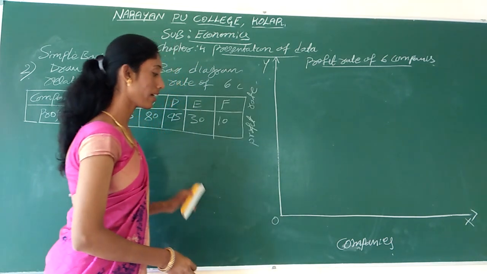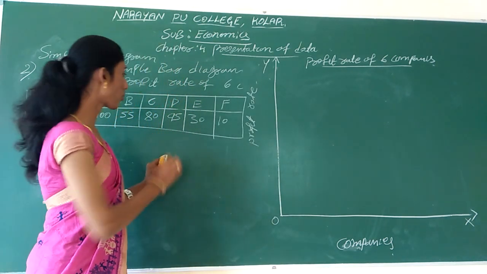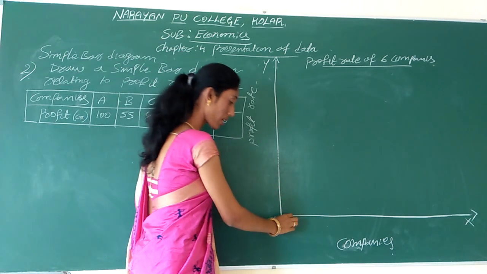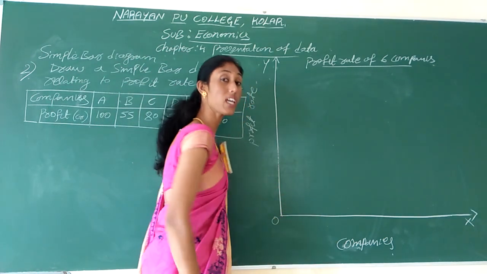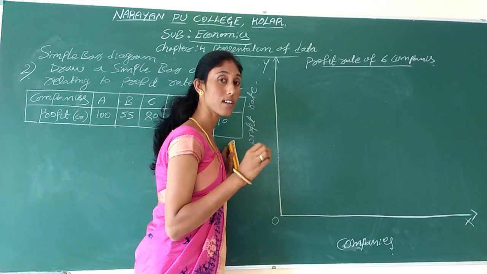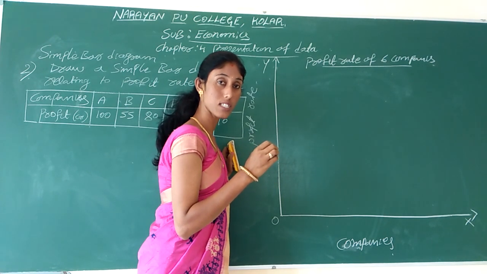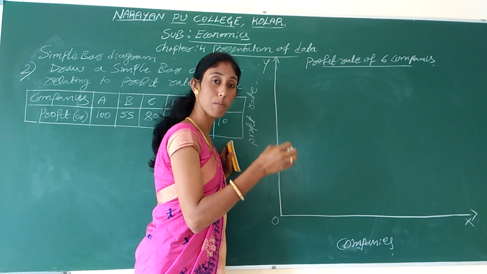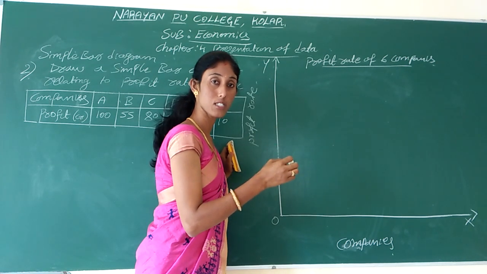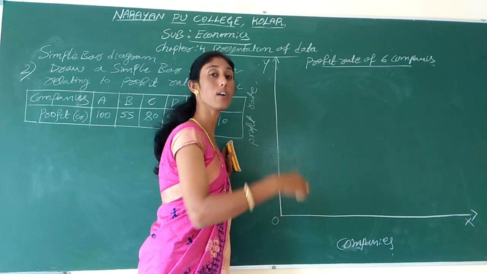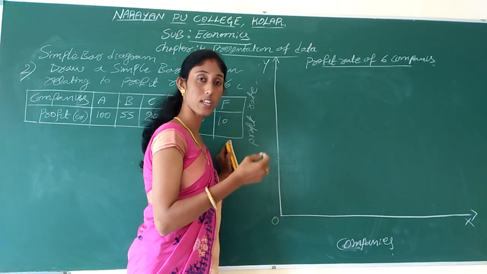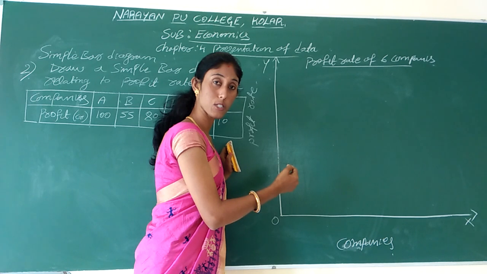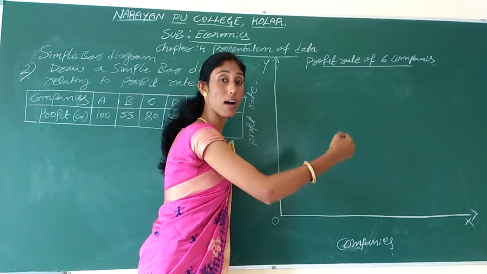We all know that for one particular bar we have to take some space, and the space for each bar should be the same. If we take 0.5 centimeter space for one bar, we need to continue the 0.5 centimeter space for each bar. Or if you take 1 centimeter space, then take 1 centimeter for all the bar widths.